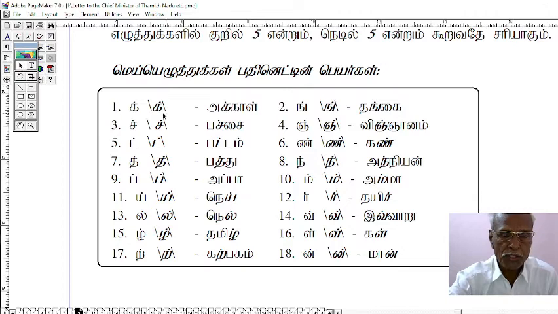The name of the first consonant letter is Ik, Akkal, Ing, Tangai, Ich, Pachai, Ing, Vinyanam, It, Pattam, In, Kan, It, Pattu, In, Anniyan, Ip, Appa, Im, Amma, E, Nei, Ir, Thair, Il, Nel, Iv, Ivvaru, Il, Tamil, Il, Kal, Ir, Karpagam, In, Man.